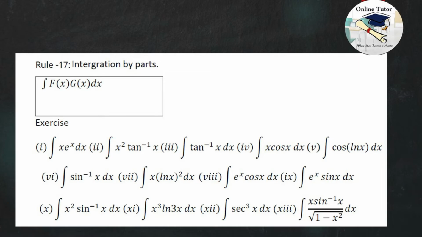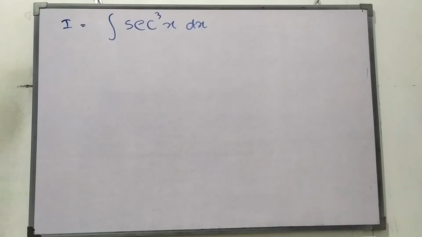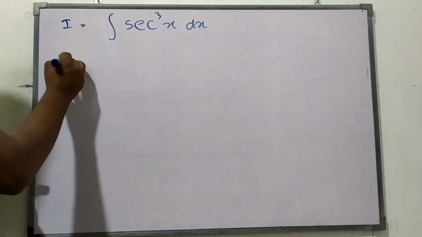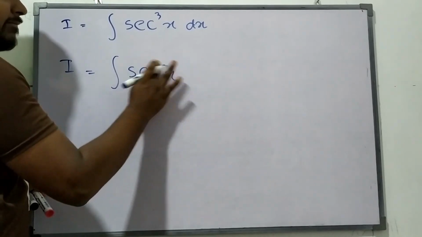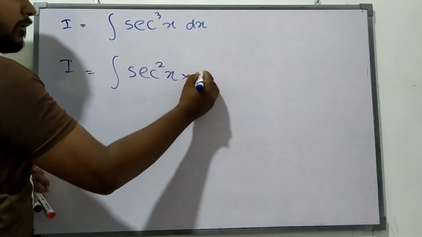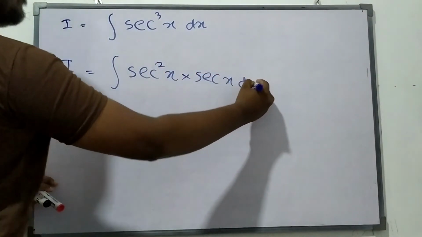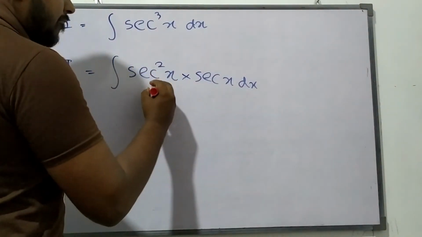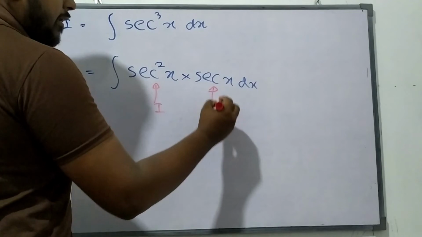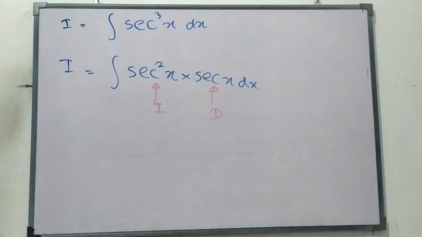Okay, this is my next example. I equals integral of sec cube x. So how to integrate it? Always, sec cube x can be written as sec squared x into sec x dx. So we integrate this one and differentiate this one, because you know sec squared can be integrated, it's easy.